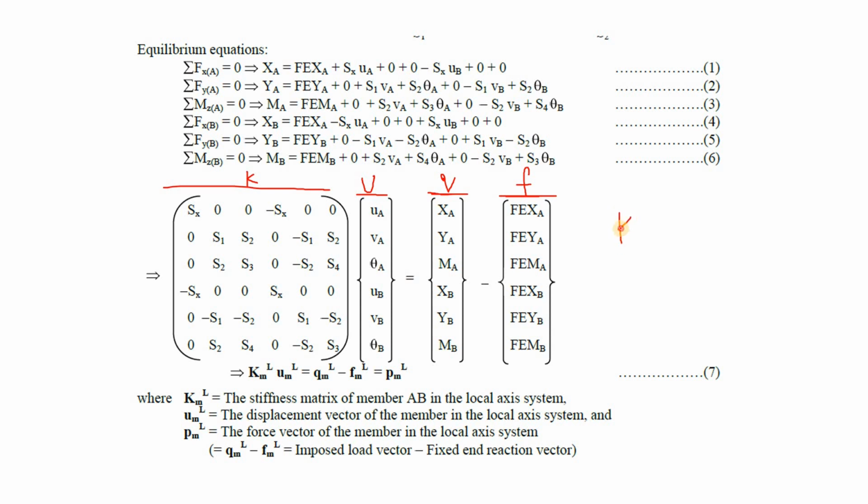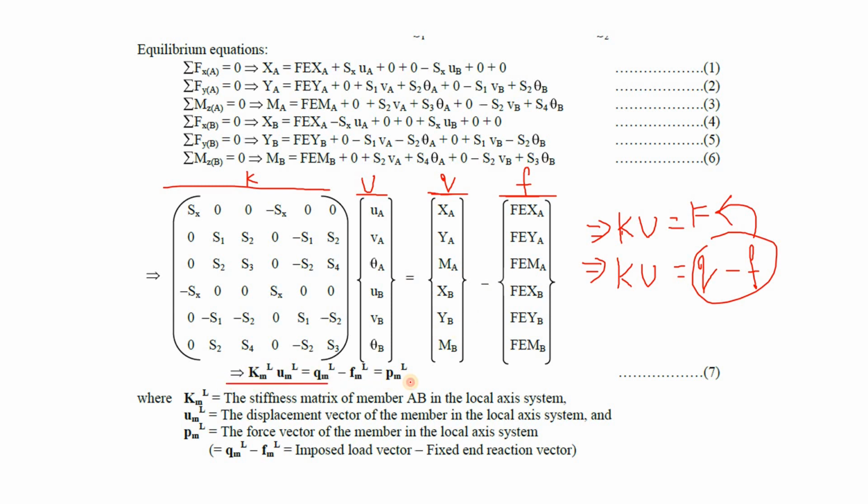Now we already know that KU equals F, but in this case we have KU equals, we're going to get the big F if we do Q minus small f. So this is what we're going to get.